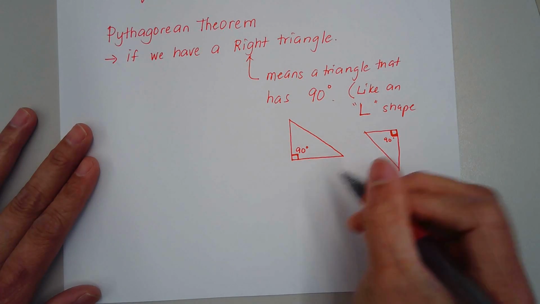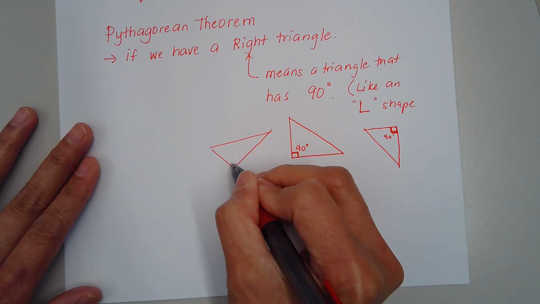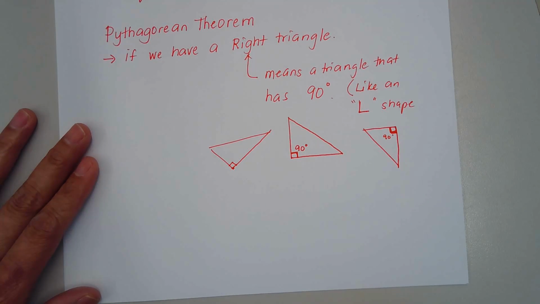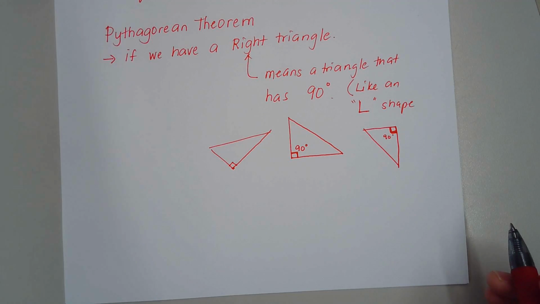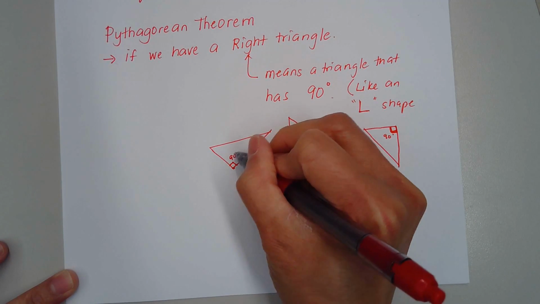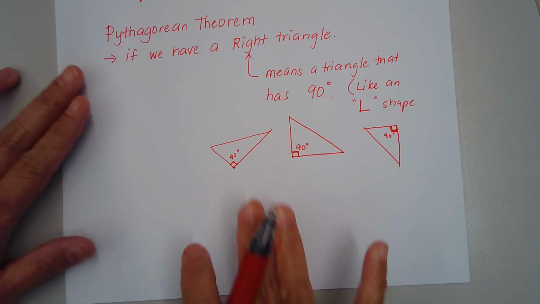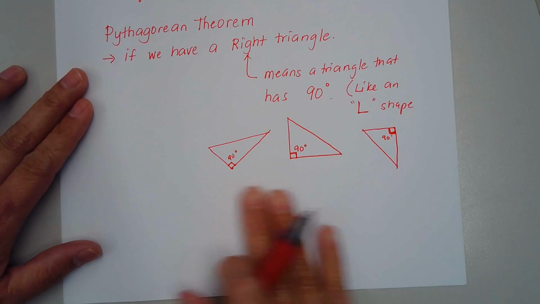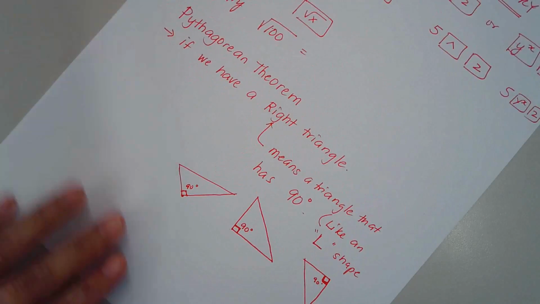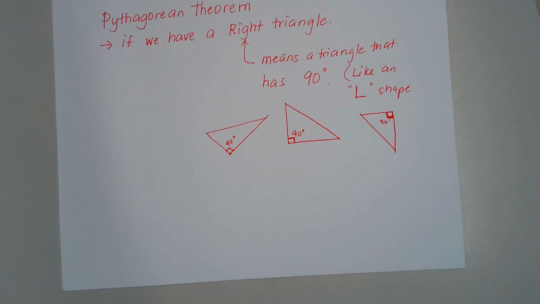It could be at a slight angle like this. The L shape is still 90 degrees right there. So all of these are right triangles. They're just turned upside down or sideways and whatnot.